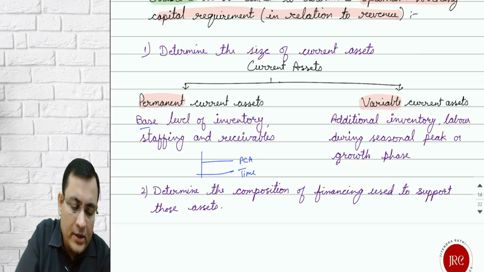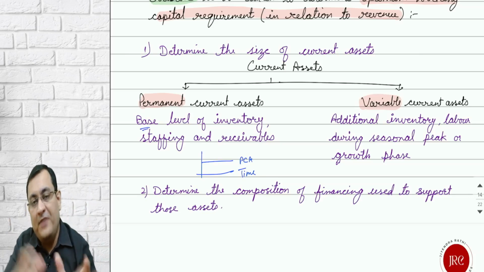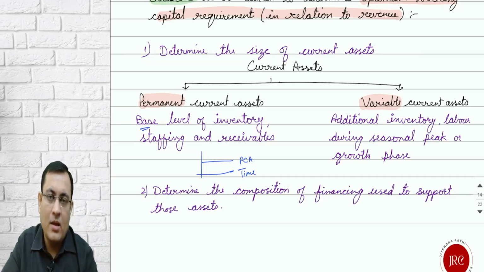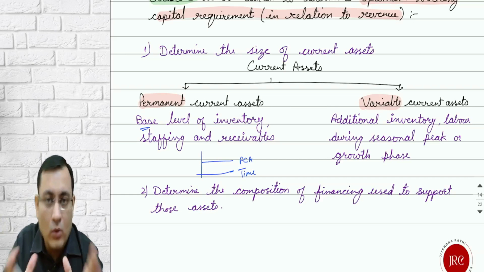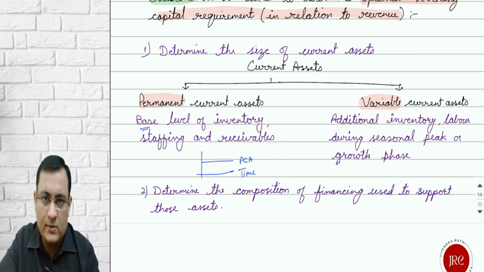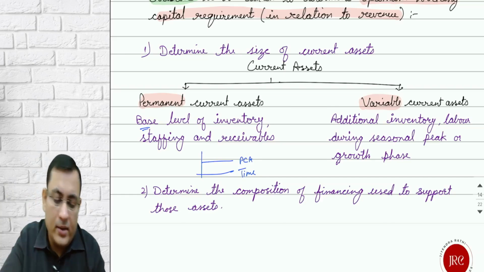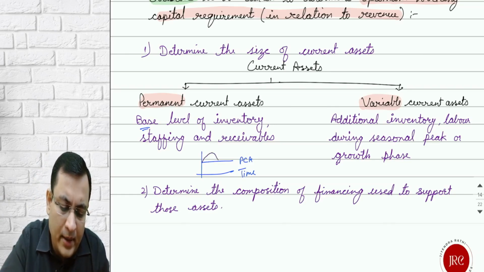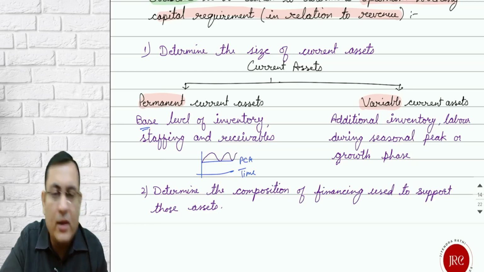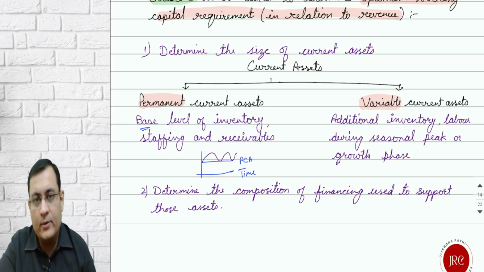Base level of inventory. What is variable current asset? Of course, to maximize profit, we will be required to hold more inventory during peak seasons. So this variable current asset will go up and down over the permanent current asset depending on the situation of the market.